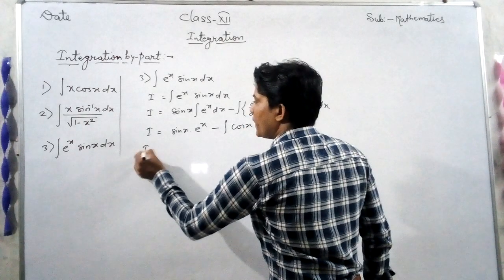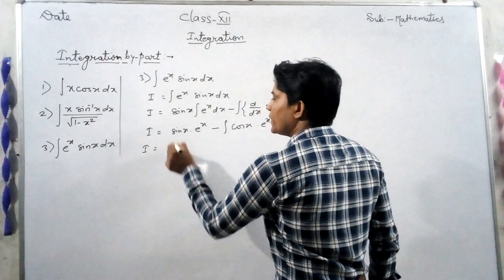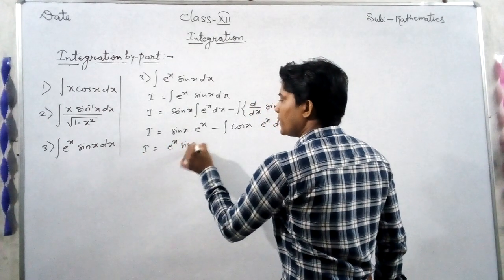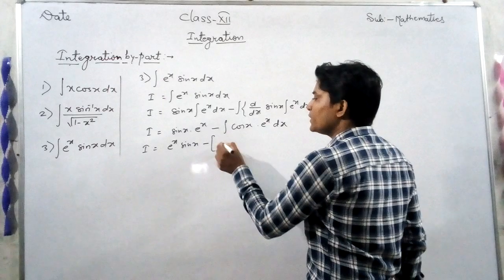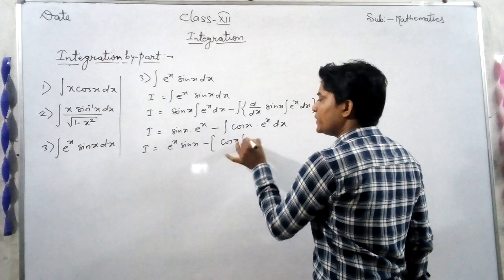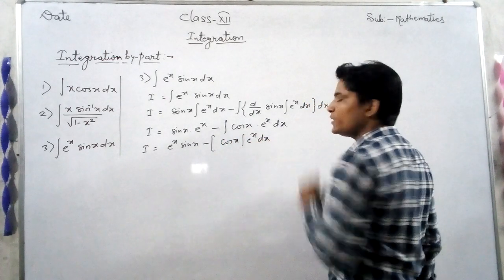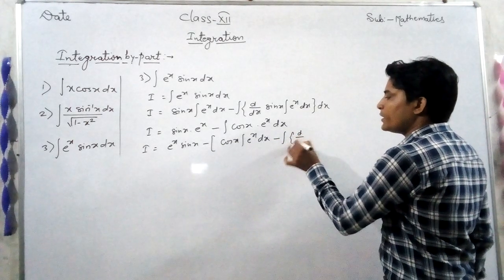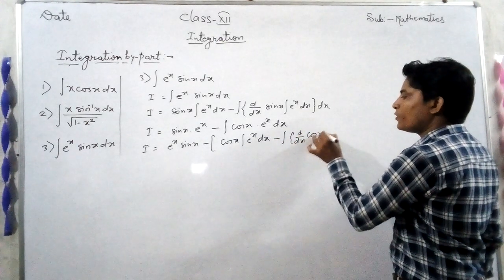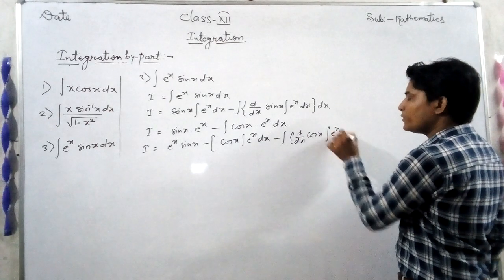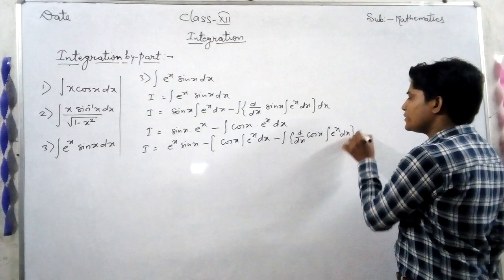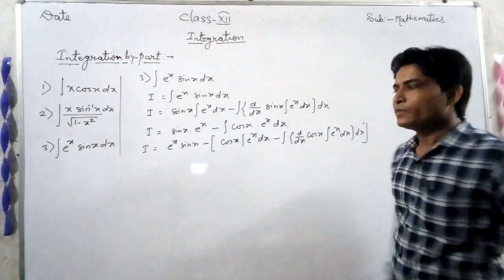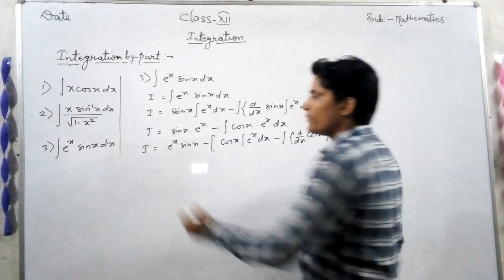Now we apply integration by parts again: e to the power x sin x minus cos x as a constant and e to the power x dx, and again minus d by dx of cos x, integration of e to the power x dx, and e to the power x. Okay, now this is the final step.